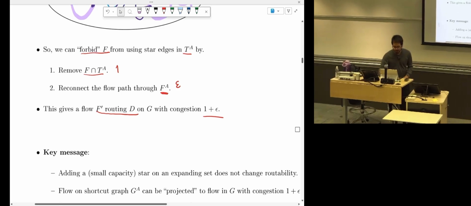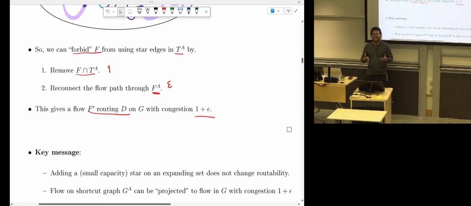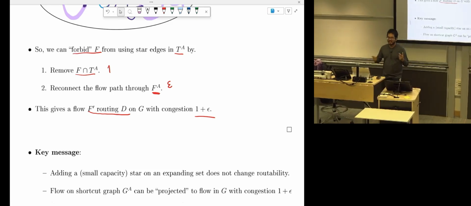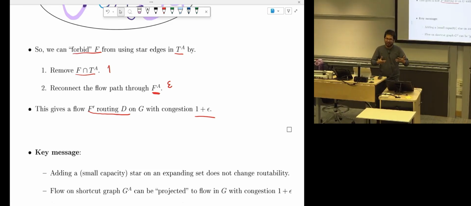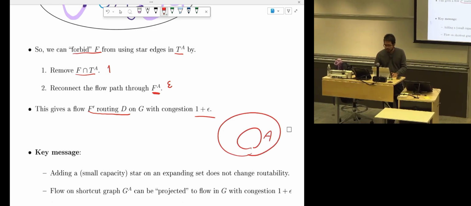So the point that I want to make is that if you have some expanding set and you add a star on top of it, it doesn't really change things much, right? If you have a graph, you have some A that is expanding, it means the connection between them is already good.